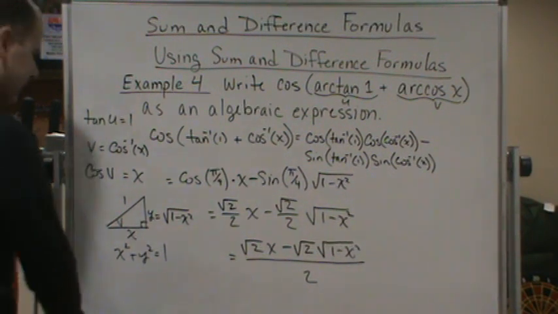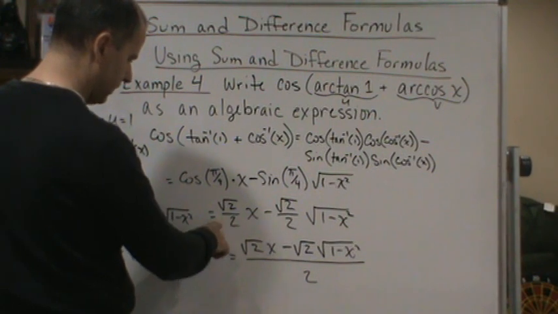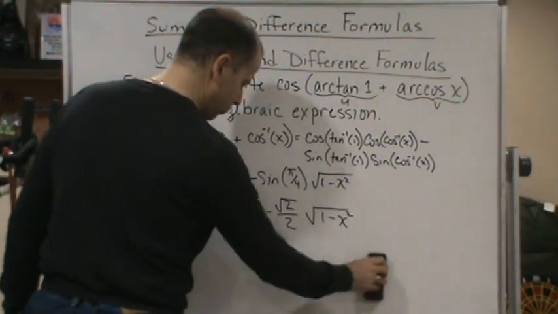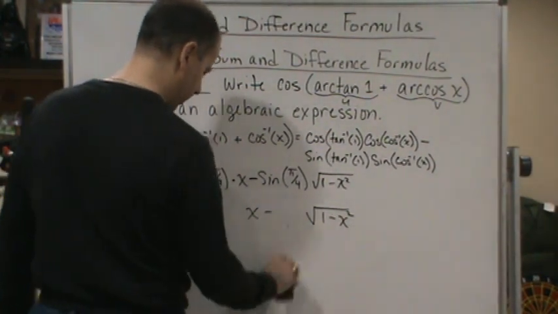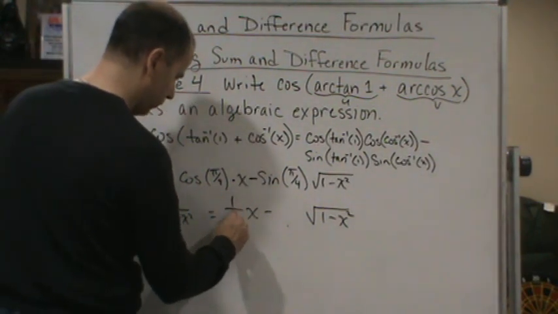And in this case here, it might be better to leave this as 1 over the square root of 2, instead of rationalizing it first. I think it might look better in the end if we just leave it as 1 over the square root of 2.